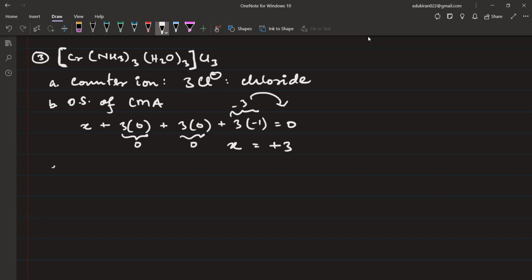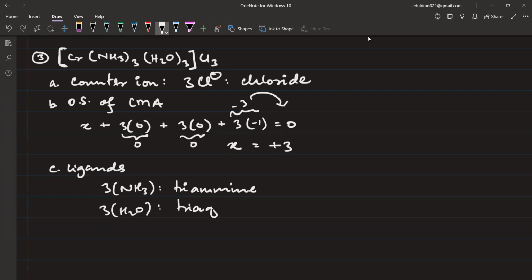Next is ligands. 3NH3, triamine. 3H2O, triaqua. NH3, amine will come first, and then aqua. Now what do we have? The metal is Cr, which is chromium.